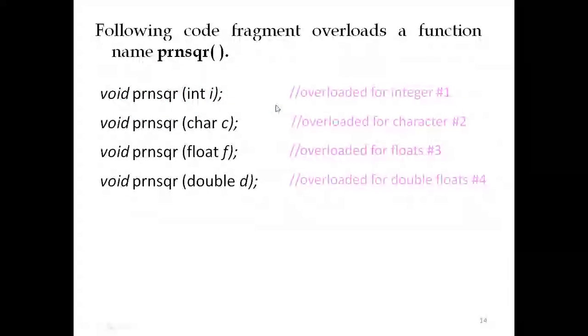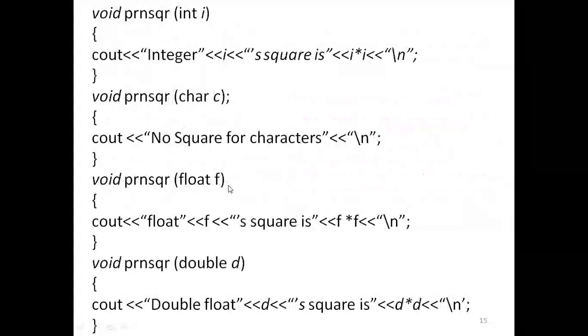So this is just a sample code where I'm going to print square. There are 4 versions of the function. One version takes an integer parameter, the second takes a character parameter, the third takes a float parameter, and the fourth takes a double parameter. When you see the definition of the function, if an integer parameter goes, it is just multiplied i into i.